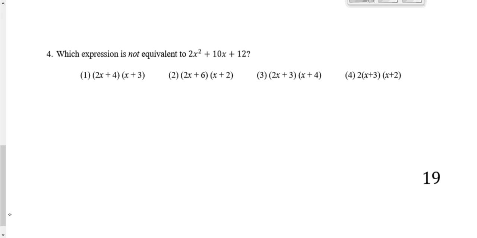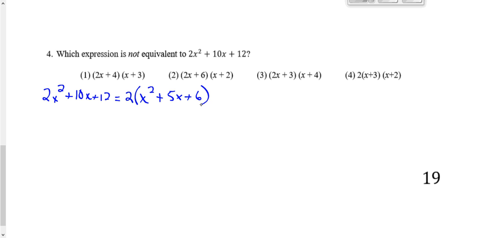Another one: which one is not equivalent? Let's just start by writing this. 2x squared plus 10x plus 12. One thing we could definitely do is factor out a 2, yeah? What does that leave us? x squared plus 5x plus 6.